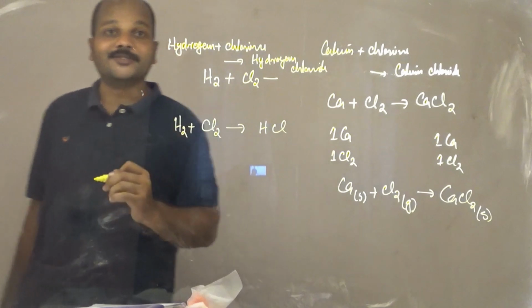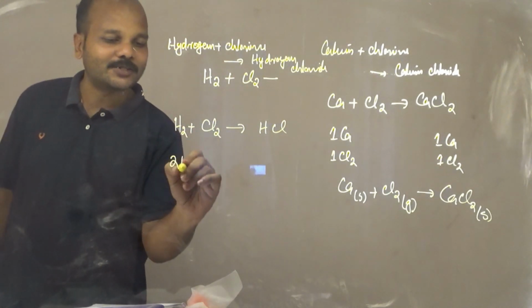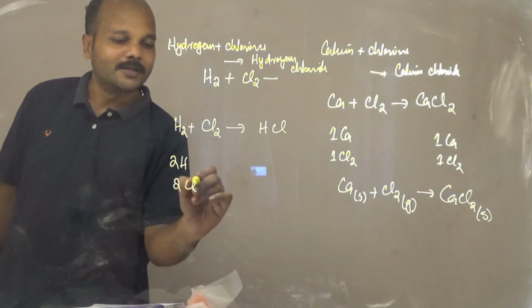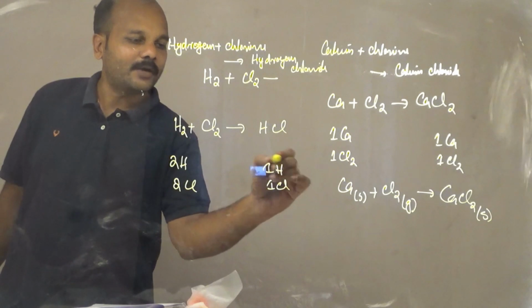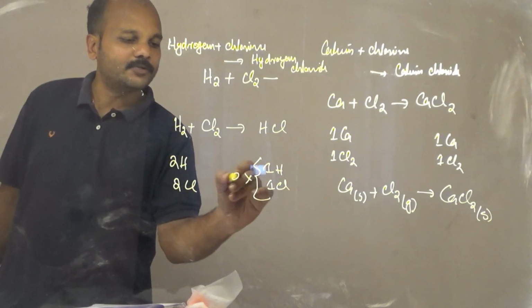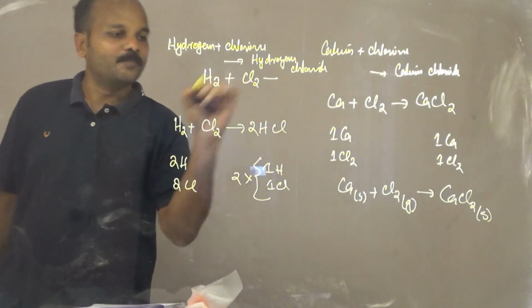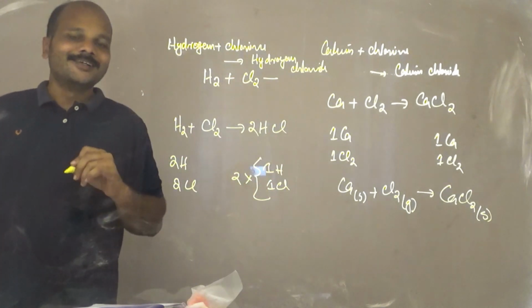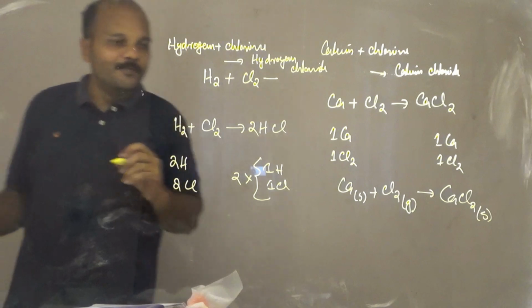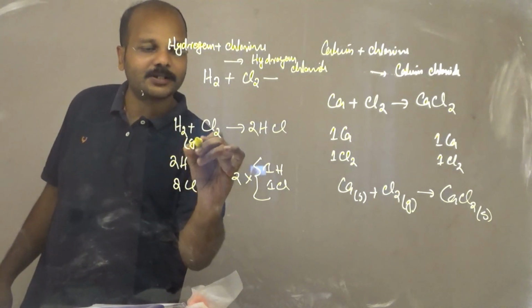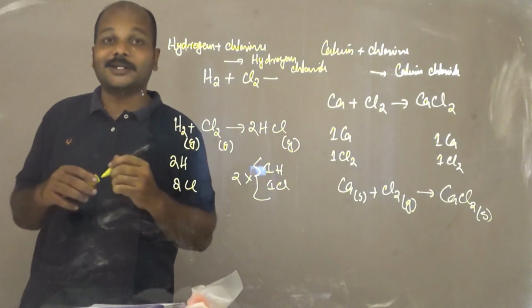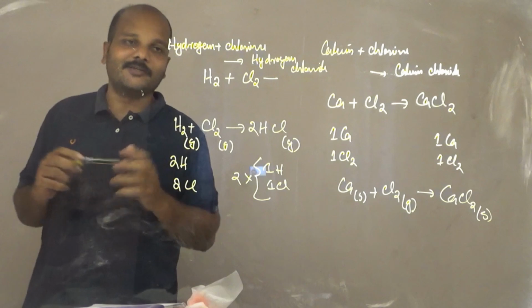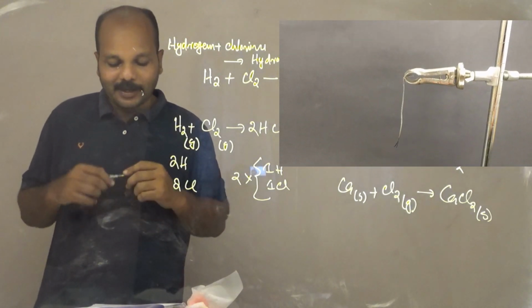Now you need to balance. Here it is 2 hydrogen and 2 chlorine, and here it is only 1 hydrogen and 1 chlorine. So you can multiply it by 2, so that it is 2 HCl. Now all are gases: hydrogen is a gas, chlorine is a gas, HCl is also a gas. You can write the physical state within brackets.